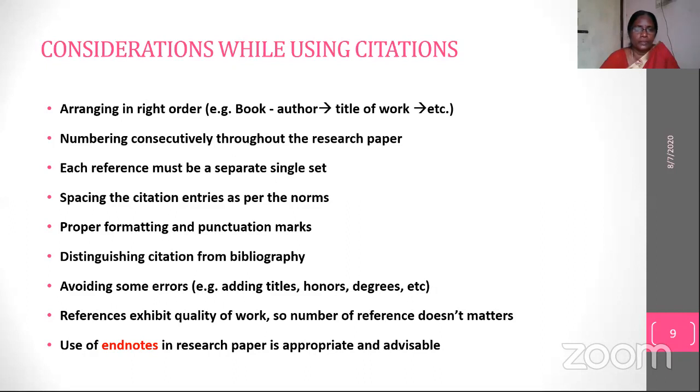So for that purpose, we are giving references. At the same time, we never consider that the more the number of references, the more the quality, no?